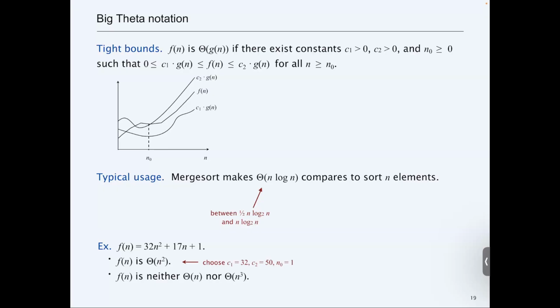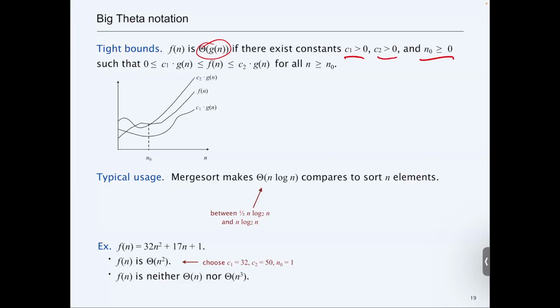So formally, f of n is theta of g of n if you have constants c1 and c2 greater than 0, and n naught greater than 0, such that 0 is less than or equal to c1 times g of n, which is less than or equal to f of n, which is less than or equal to c2 times g of n for all n greater than or equal to that n naught. So for all sufficiently large n.